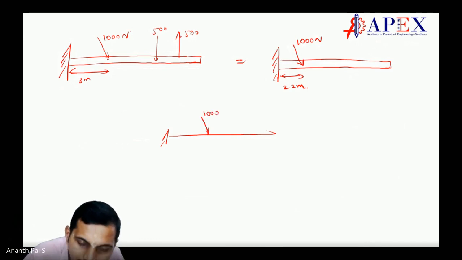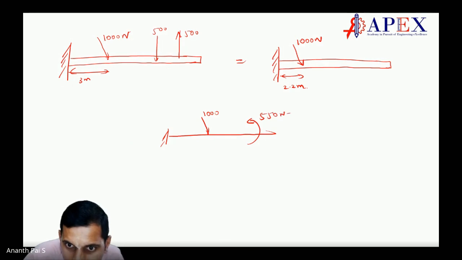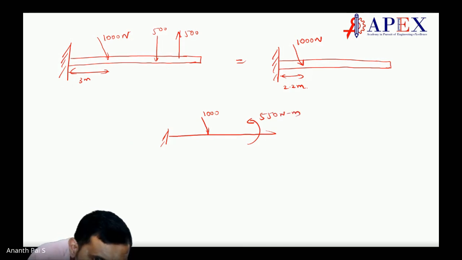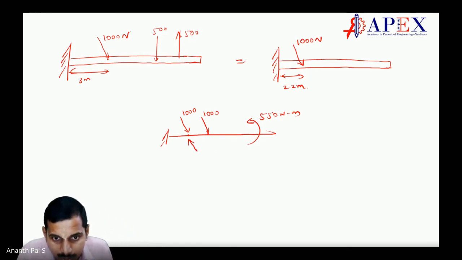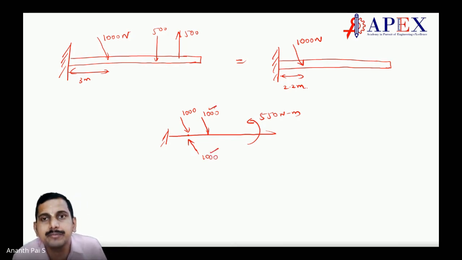Now here you have an equivalent couple 550, correct? Now, if I have to move this to here, then what should I do? I should have 1000 here, 1000 here, so that the equivalent here cancels. So this 1000 and this 1000 counteract this 550, correct?